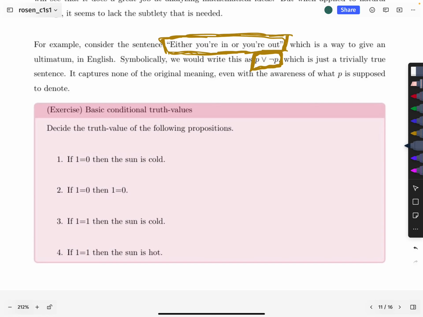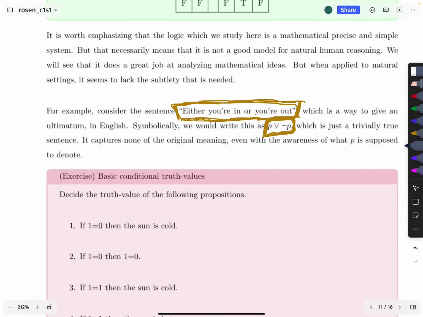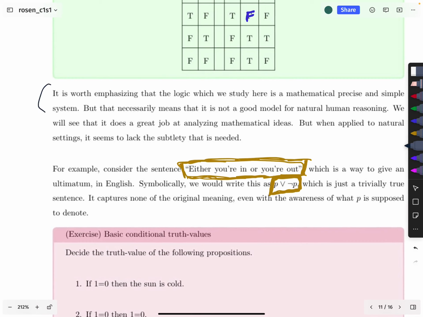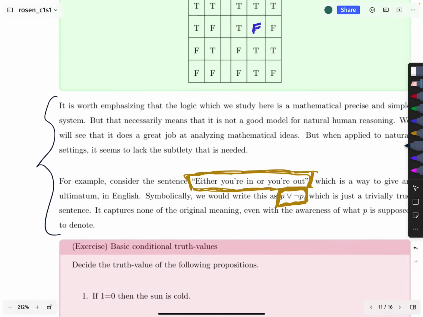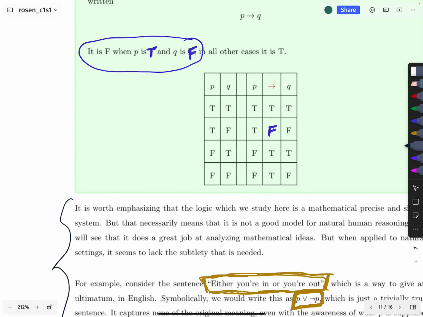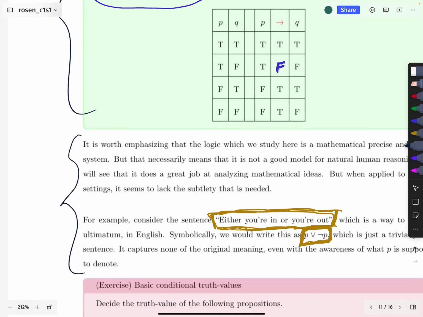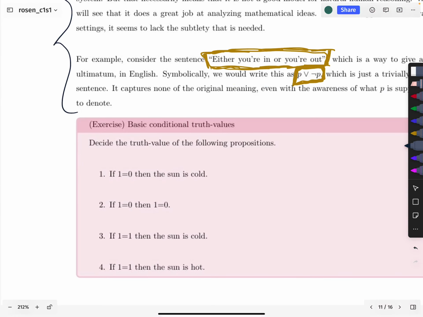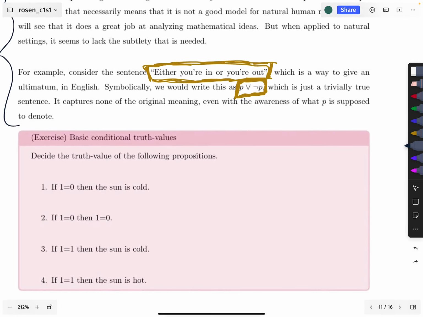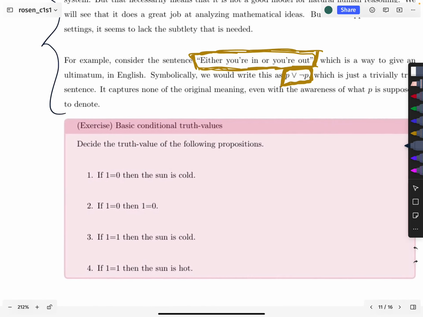By the way, the point of bringing this up now is that this mismatch between the formal logical system and the natural language system gets especially pronounced with conditional sentences. And so you're going to find that as you think about these sentences, what you would naturally say is probably not often what the formal system determines is the truth value of these sentences. But go ahead and determine the truth values of these sentences.